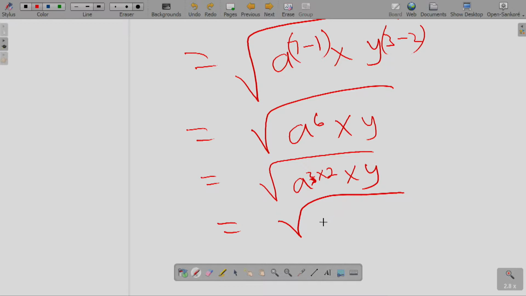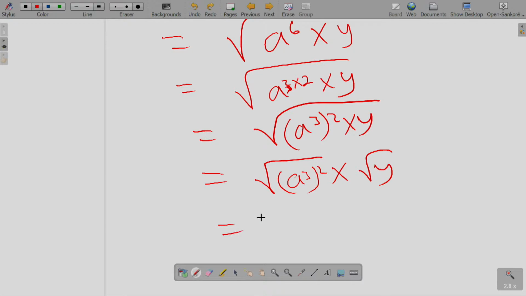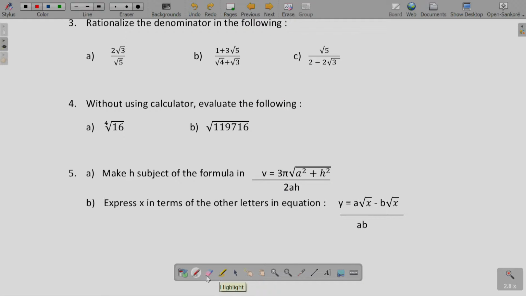This is equal to the square root of a cubic squared times the square root of y. The square root and the square cancel out, so the answer is a cubic times the square root of y. Let's now move to the next question.